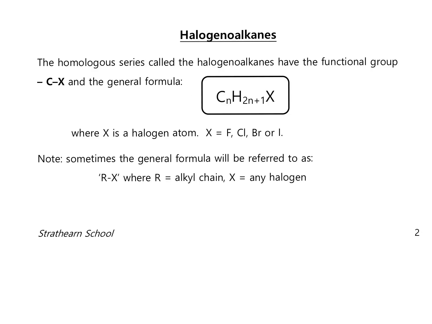So just at the bottom of page 2, let's have a look at what a halogenoalkane is, and as the name suggests, halogenoalkanes are essentially alkanes where at least one of the hydrogen atoms has been substituted by a halogen. And we have actually met these before in our alkanes topic.